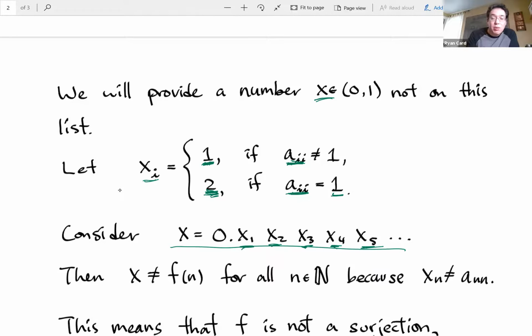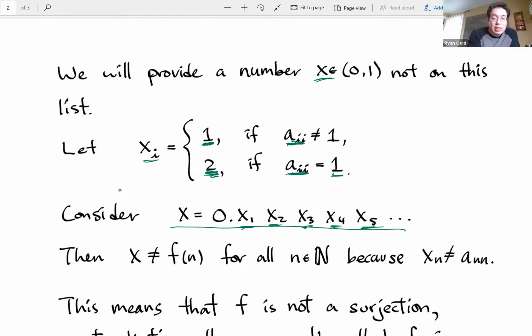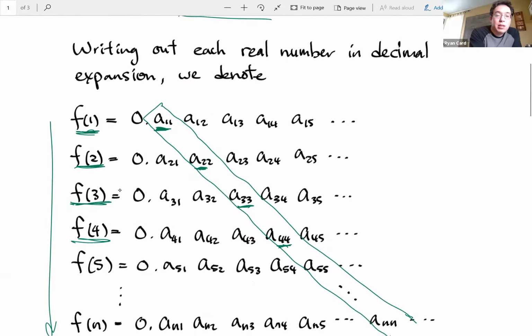Well, this number has to be different from everything on the list because it differs in at least one digit from every single element. For example, it can't be the first real number because it has a different first digit.